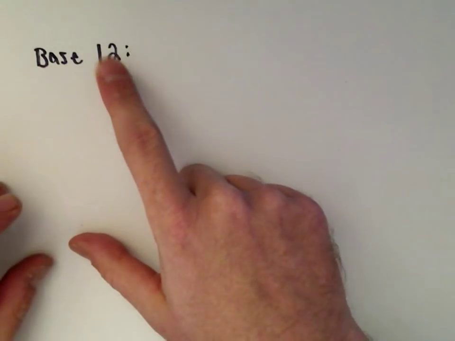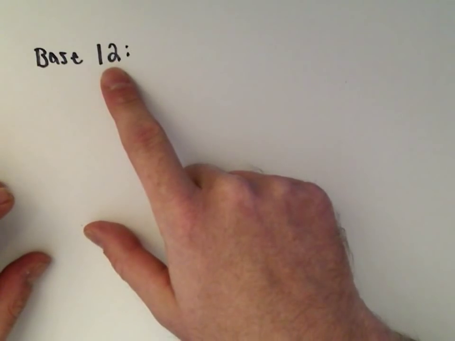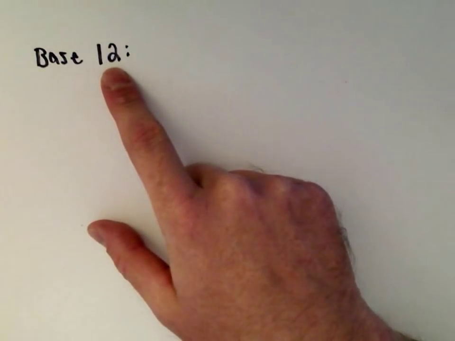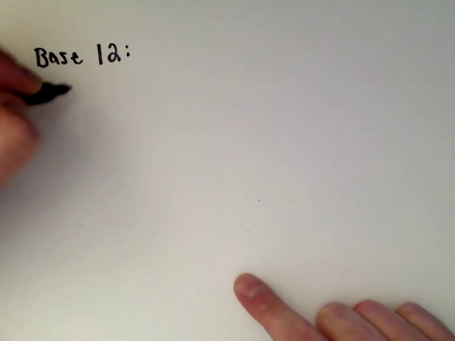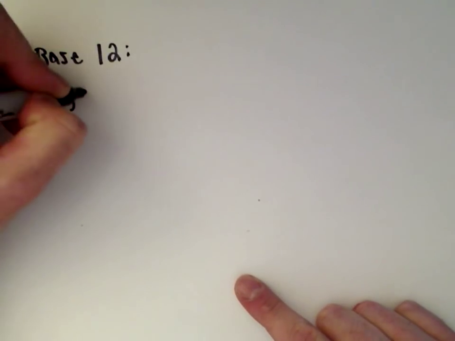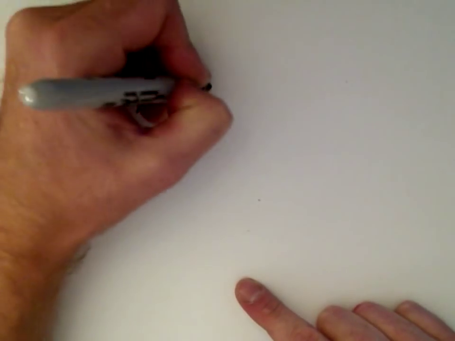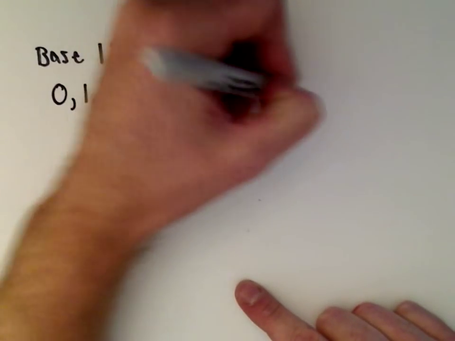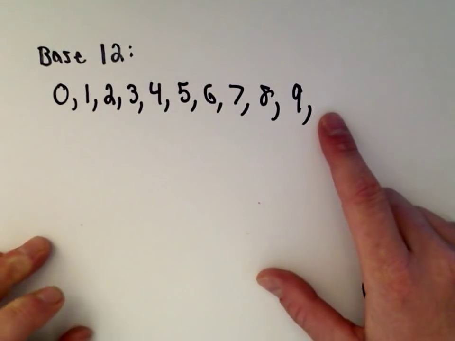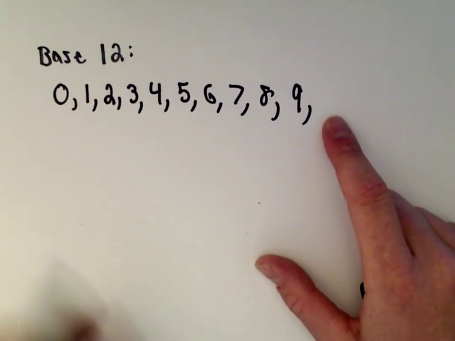We said whatever base you're using, you have to use digits that are smaller than that. That was what I was trying to allude to at the beginning. So for base 12, we're going to use the digits 0, 1, 2, 3, 4, 5, 6, 7, 8, 9. Now, I can't write 10 because 10 only makes sense with our base 10.